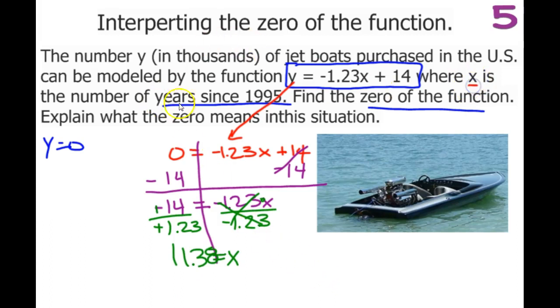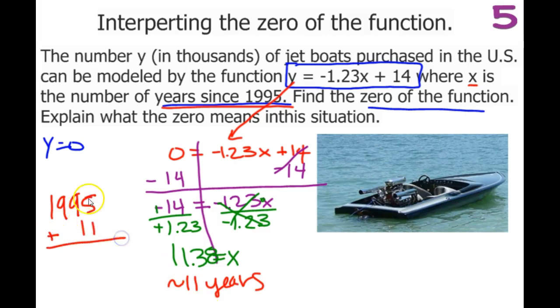X is the number of years since 1995. So if we're talking about number of years, usually we talk about whole number of years. So I'm going to just say about 11 years is our answer. So what year is that? If it's been 11 years since 1995, this would be the year 2006.